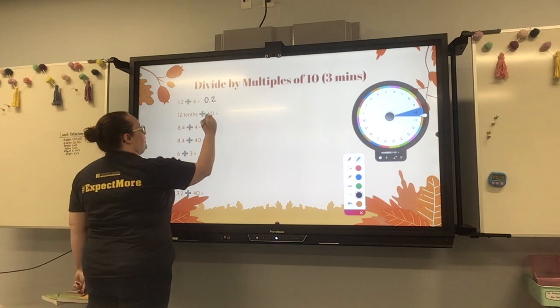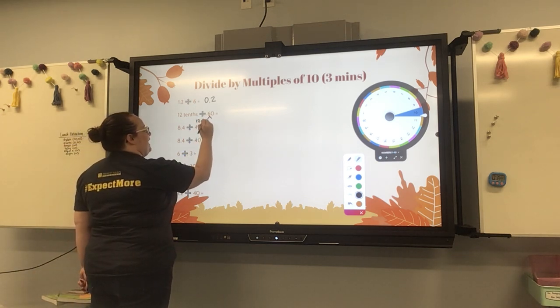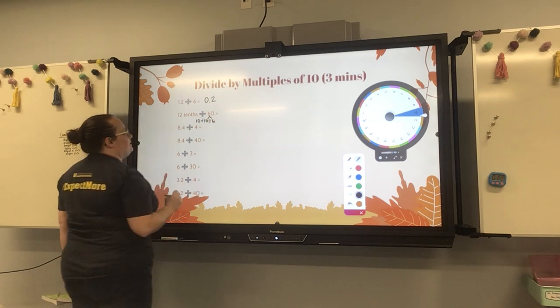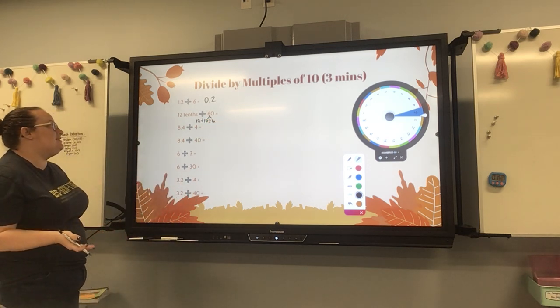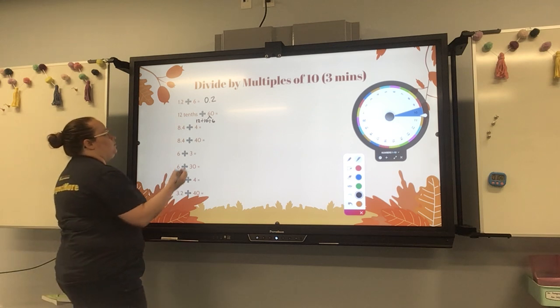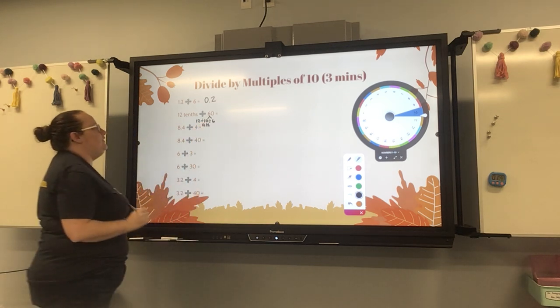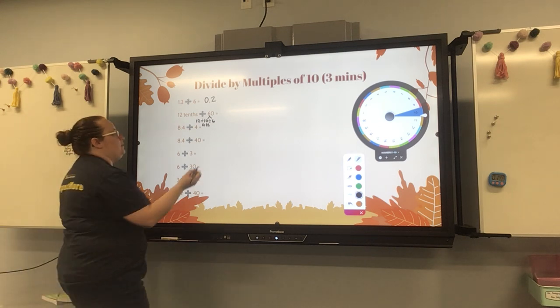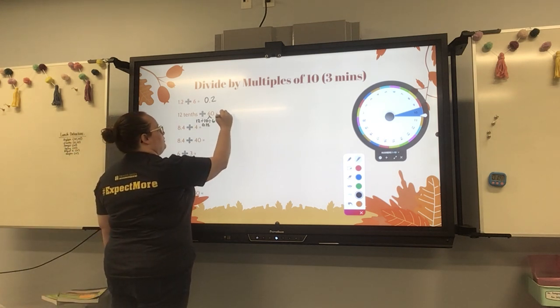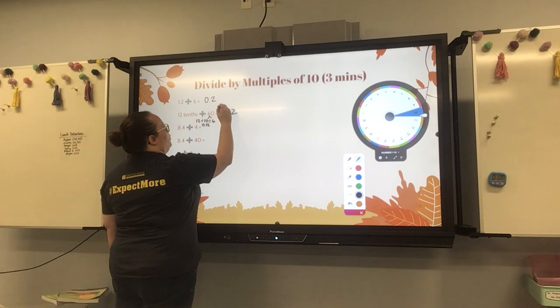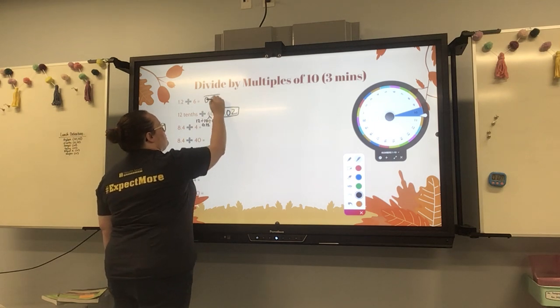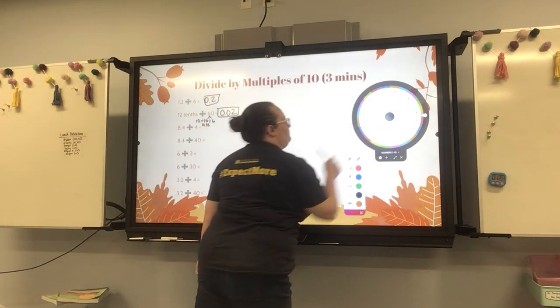Well, I would split the 60 up into 10 and 6. 12 tenths divided by 10 would make it 12 hundredths, or 0.12, and 0.12 divided by 6 would be 0.02, or 2 hundredths. Let's look at the next one.